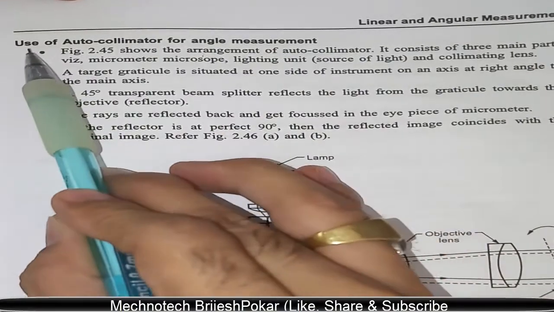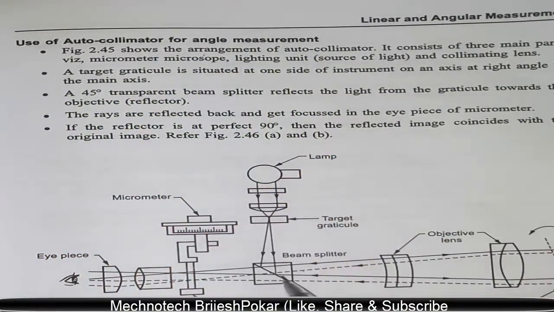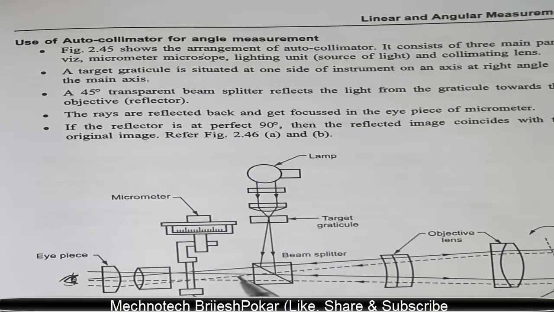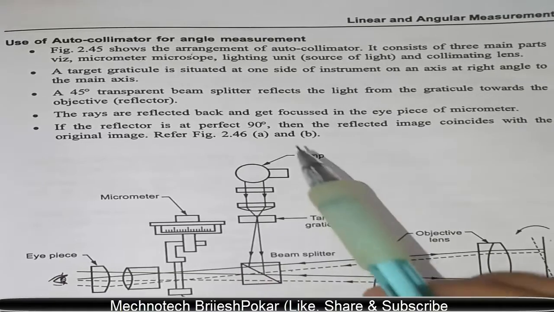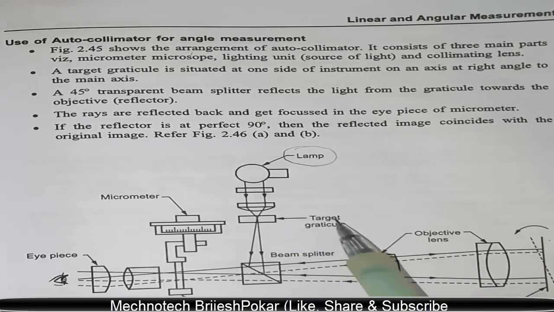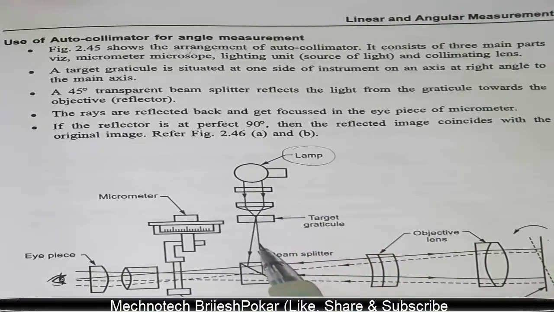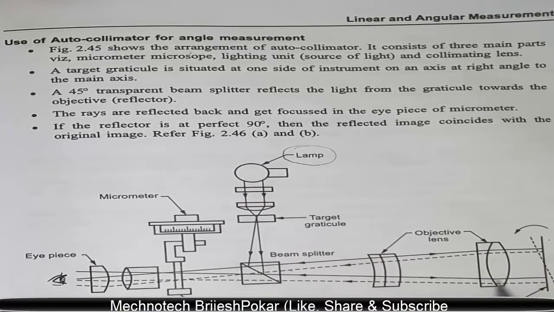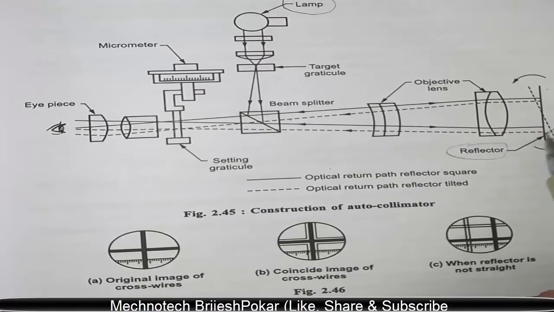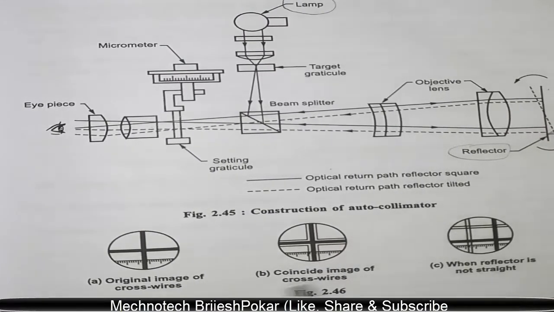Now let us see the use of the autocollimator for angle measurement. Here one more figure is given. This is a lamp source, a source of light, and this is the target reticle, and the rays of this lamp pass from here to here. This is the reflector, and here it is called the workpiece, with a cross wire.